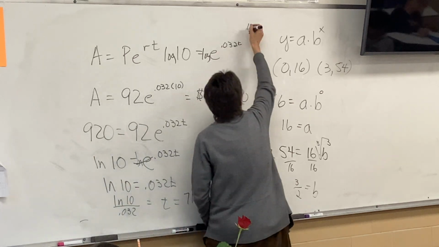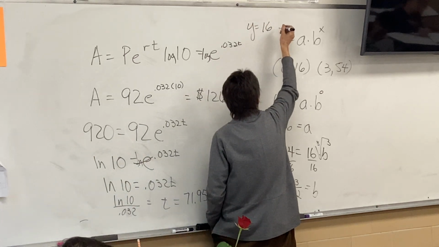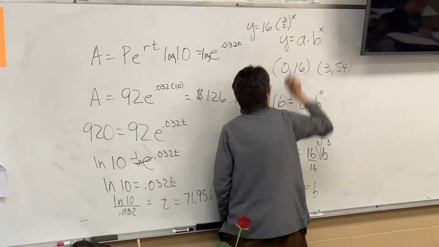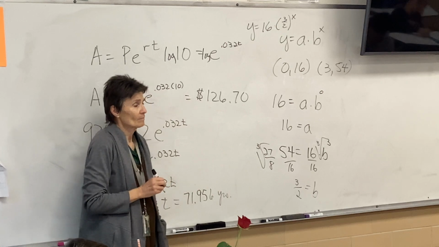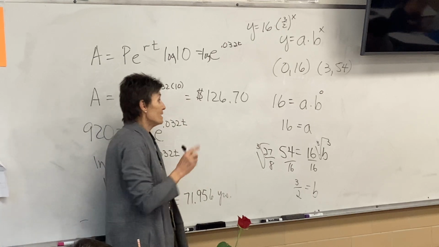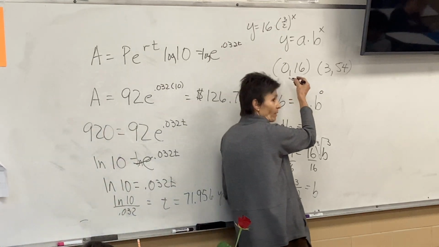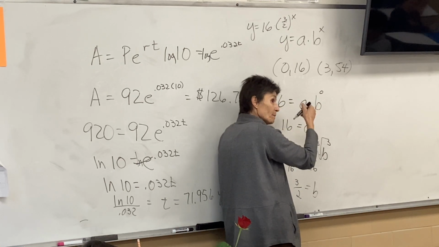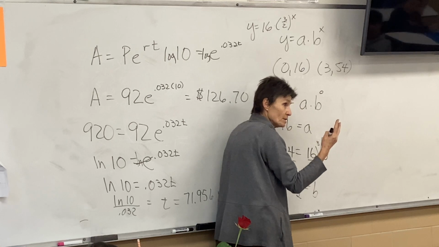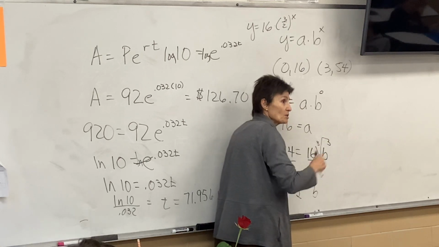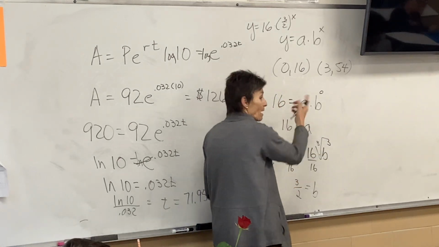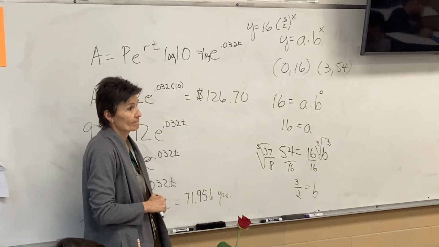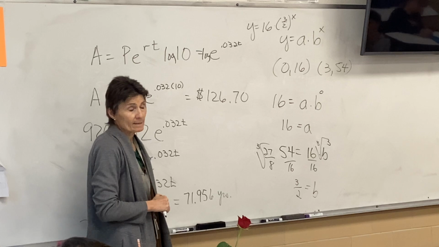And your equation is y equals 16 times 3/2 to the x. Now, if this 0 had not been there, I would have been left with 2 equations and had to do substitution or elimination. But because that one worked out so nicely, I didn't have to. Okay, anything else?